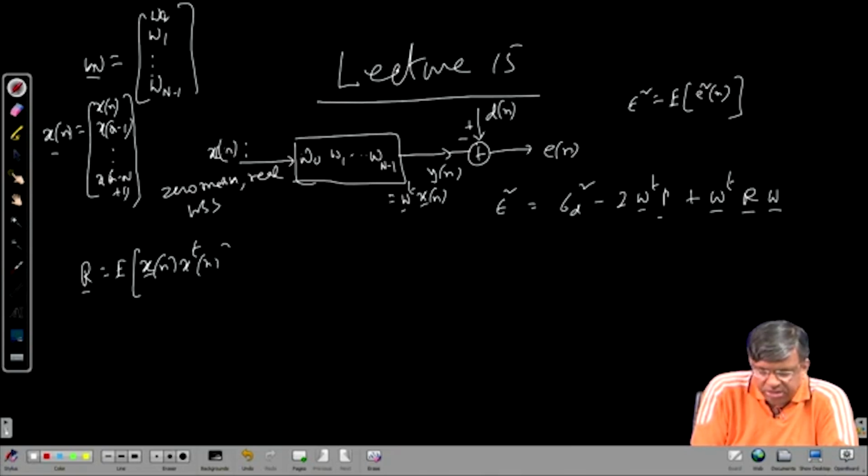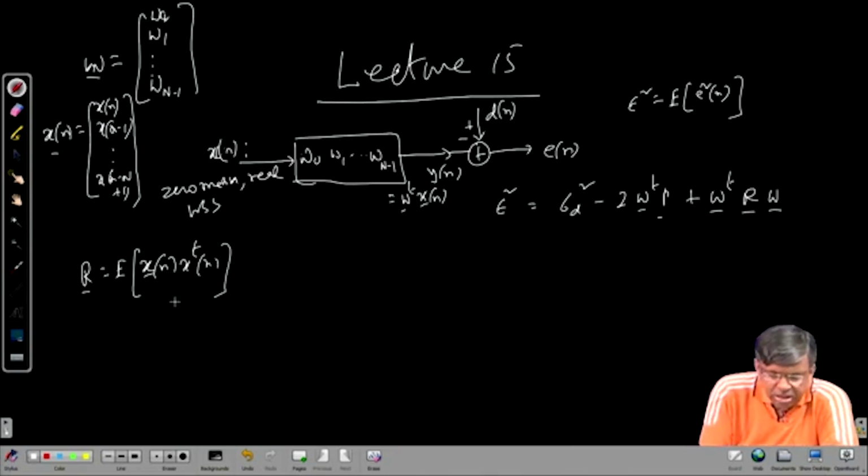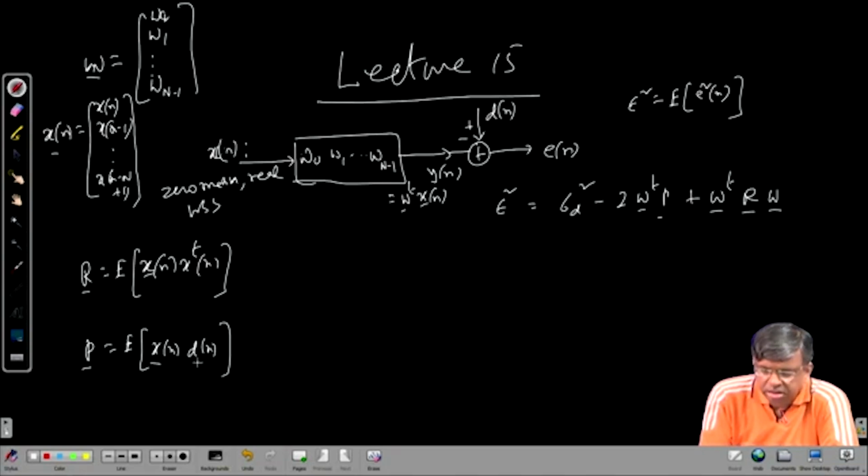It follows the symmetric Toeplitz structure, and P was the cross correlation vector, E of x n, the x n vector times the scalar d n. Since x n and d n are jointly stationary, this vector is also independent of n, like capital R is independent of n, because x n is stationary, WSS.